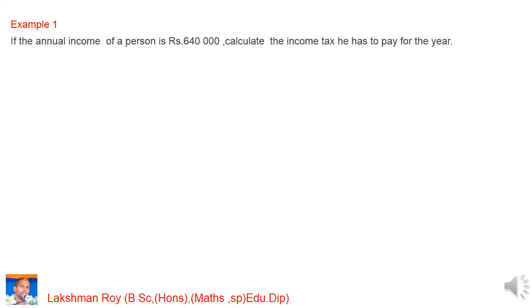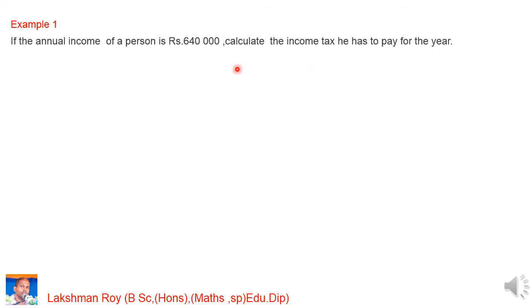Right, students, shall we discuss this income tax using some examples? Here you can see the first example. If the annual income of a person is 640,000 rupees, I want to calculate the income tax he has to pay for the year.